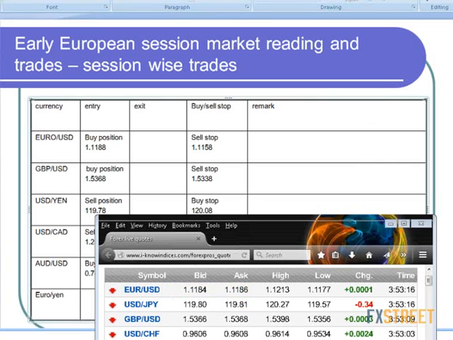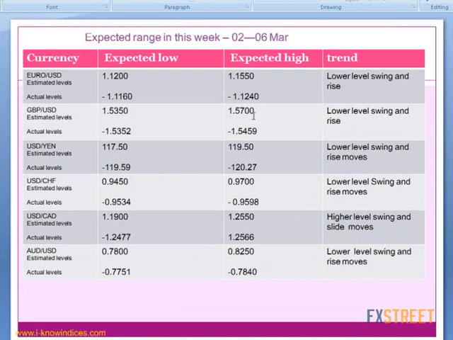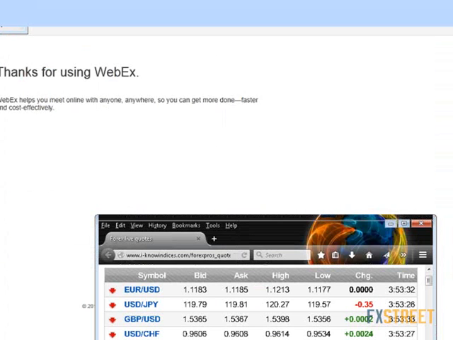I have given, in the Asian Session Live Market Analysis, the expected range in which the currencies are expected to swing. The high GBP could go is the 1.57 area.